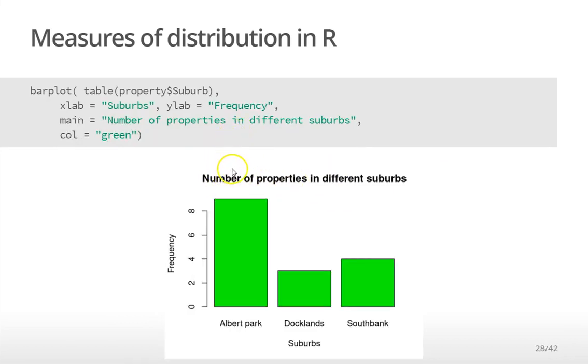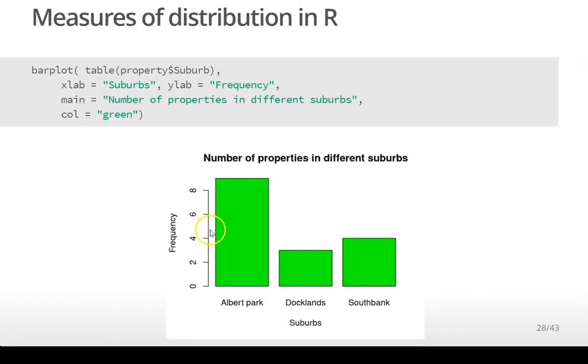Maybe we don't really like that boring gray color, so the final step can be to give it a cool color by the argument col equals whatever you want. I specified green. Be careful, we have to specify green inside quotation marks because it's categorical data. Maybe you really don't like this green color. You can change it. Take a look here. I changed the argument from green to blue, and this is the final result.